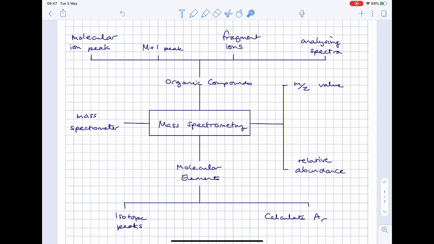The carbon-13 n+1 peak is much smaller than the other peaks because carbon-13 is a lot less abundant than carbon-12. We then looked at how fragmentation occurs in the mass spectrometer and why we get fragment peaks, and those fragment peaks are due to fragment ions. And also we looked at the fact that different structural isomers can give us different fragment ions, and therefore by analysing the spectra we can work out what possible structures cause this spectra.